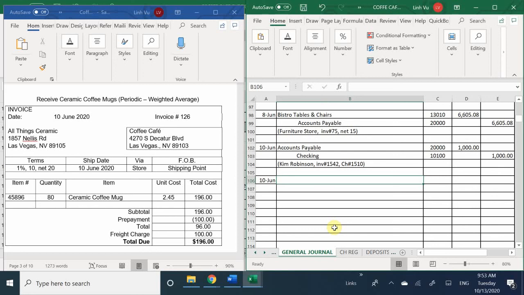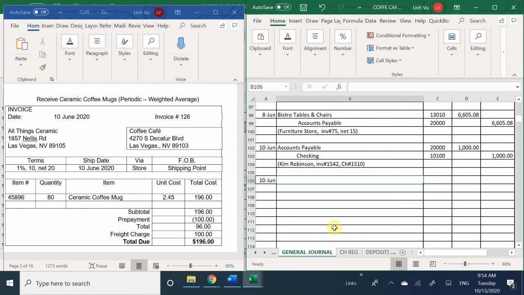Because we're dealing with periodic inventory, what are my accounts going to look like? Accounts receivable. Not accounts receivable. We're not dealing with the customers. Coffee mugs? We have Tennyson saying coffee mugs. Expense. What kind of expense? Purchase expense. Purchase expense, yes.